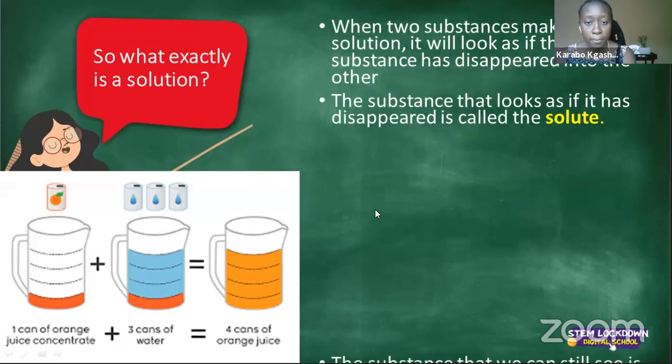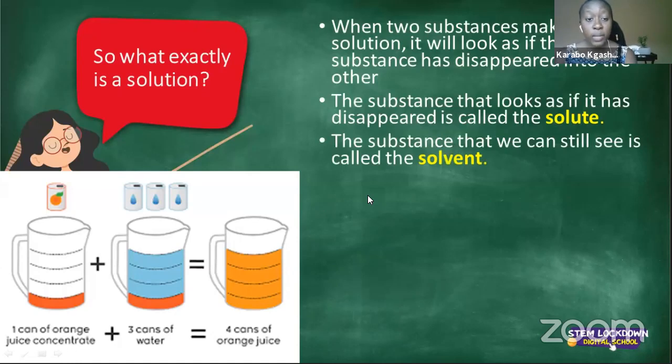The substance that we can still see is called the solvent. We can still see that the liquid has turned orange from the Oros, meaning that is the solvent. So remember, the one that has disappeared is the solute. The one that we can still see is called the solvent.